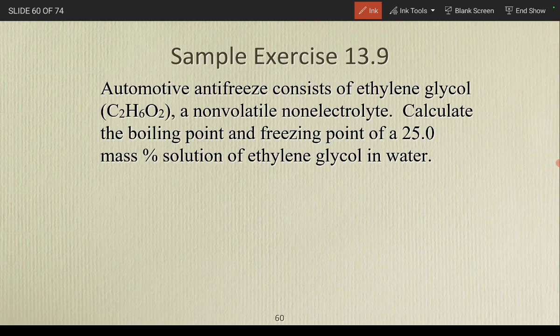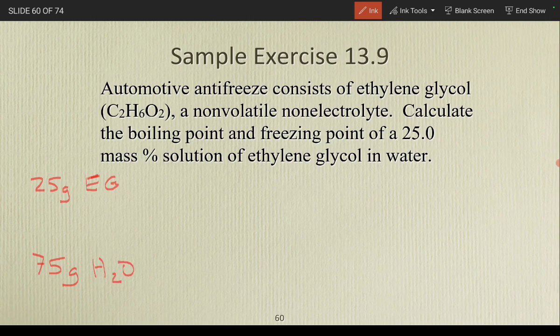I'm going to use 100 grams of solution, just so we can have 25% become 25 grams, but you can pick any value you want. But if we've got 25 grams of the EG, for ethylene glycol, rather than write out the whole formula, that means we're going to have 75 grams of H2O.